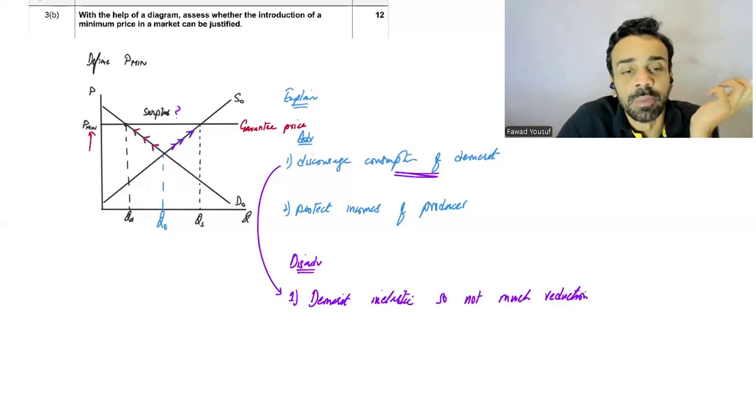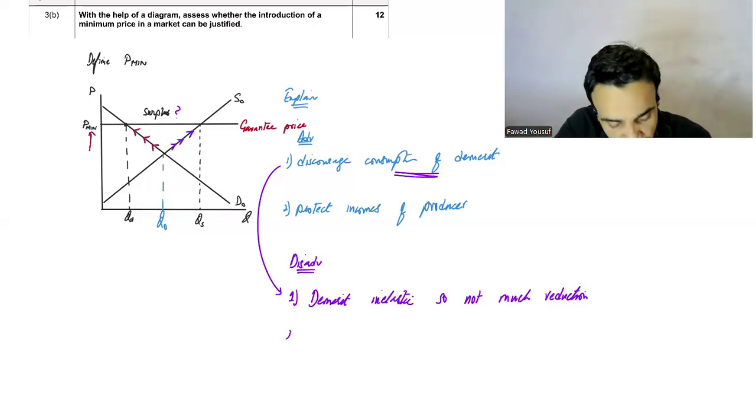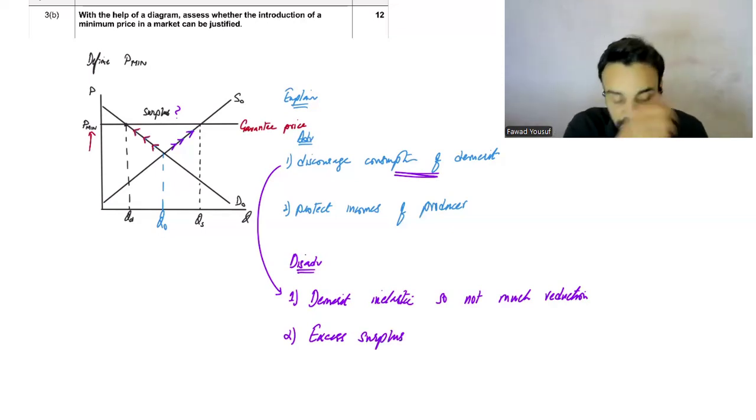Because there's a lot of question marks that come with the minimum price and the whole surplus. One of the disadvantages we want to talk about is all that excess surplus which has been created, because that surplus is not a small problem. There are two aspects to it.